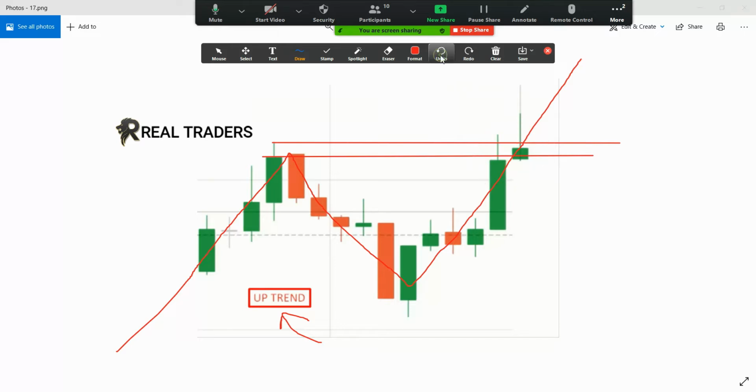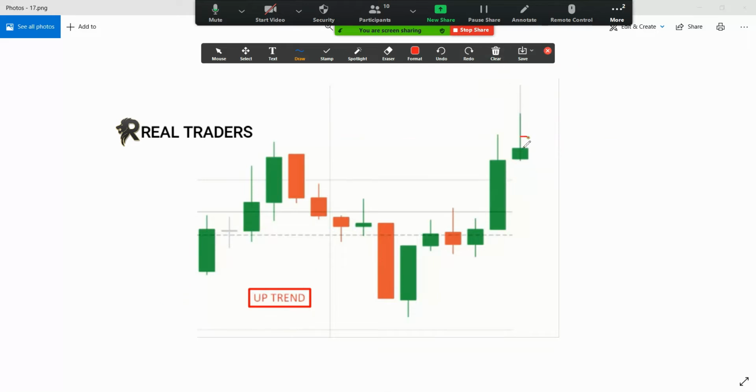Even here you may make a mistake and say this is a reversal sign at the level, so I can go with the sellers, but you need to see the market movement pattern also. This is not a ranging market, this is an uptrend. In an uptrend the market moves like this and will not respect the previous level, so we cannot expect a seller's entry here. We can go with the buyers, not sellers. Selling is wrong because of the market movement pattern.